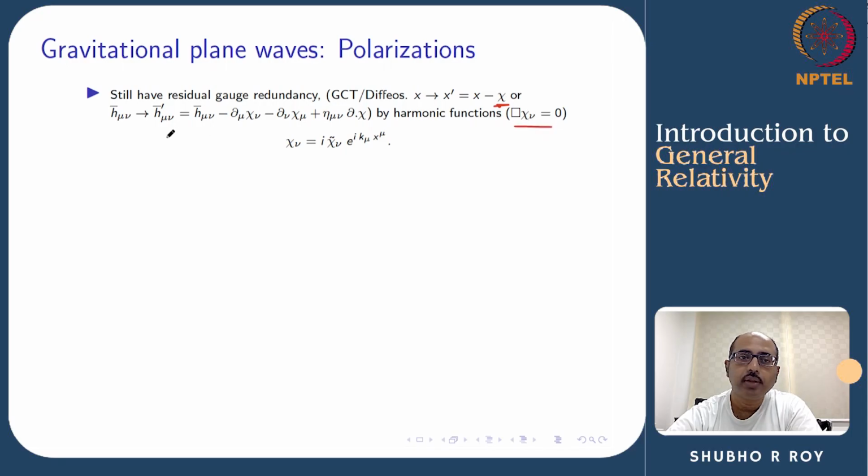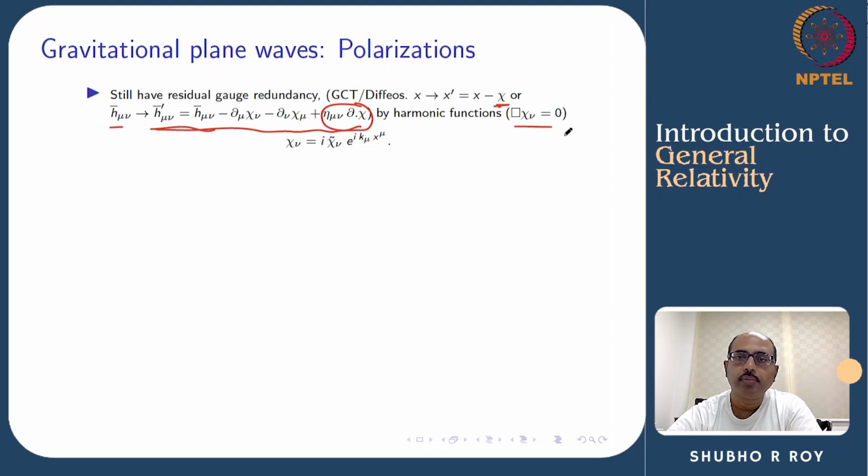If we do that, then we know that h bar mu nu will change by this. I am writing this because I've only written the transformation of the metric perturbation, but not the transformation of the trace-reversed metric perturbation. But here it is. Compared to the gauge transformation of the metric perturbation, you have an extra term, which is this.